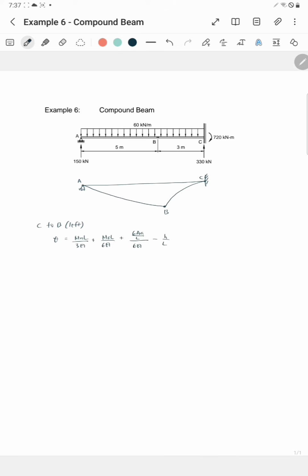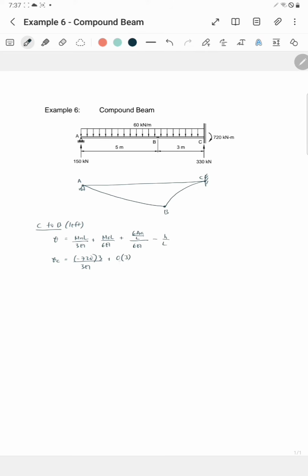Ito yung formula for theta left, and theta is theta at C equal to the moment near is the moment at C, downward, so negative 720. The length is the distance from C to B, 3. Then over 3 EI plus moment far is the moment at B. So dahil internal hinge, moment at B is 0.